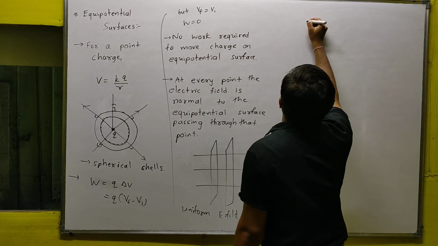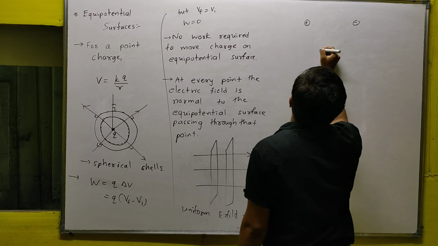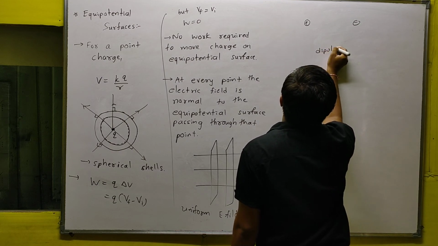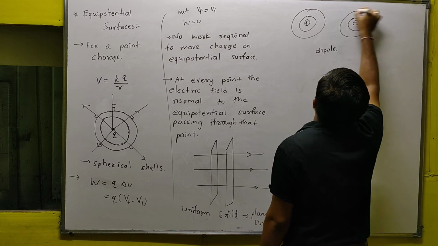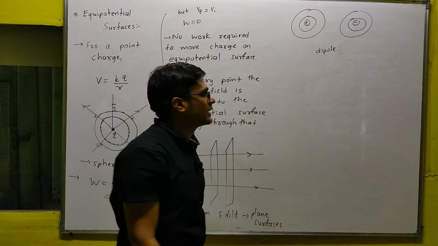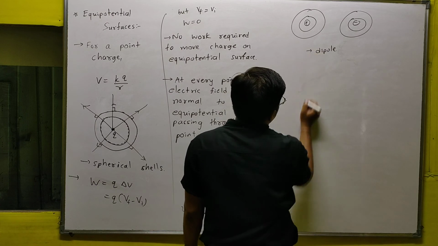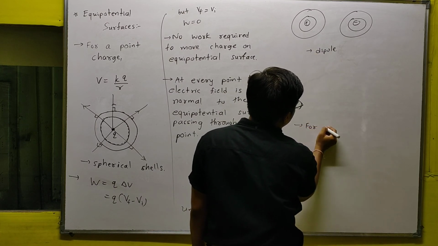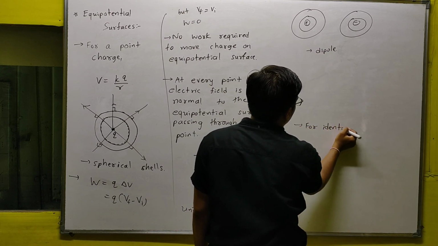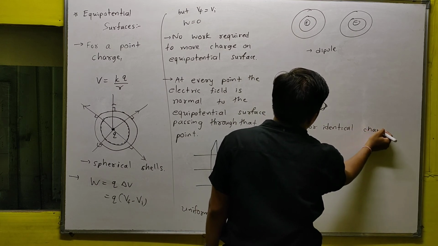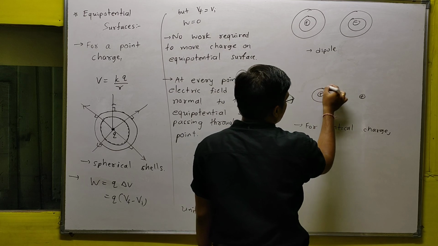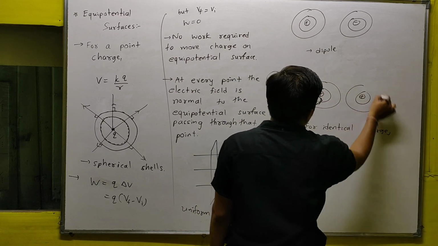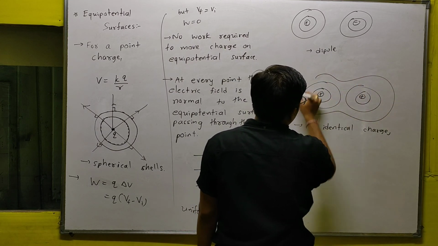And for a dipole, it looks like this type. This type of equipotential surfaces are there. And for identical charges, meaning there are two same charges, plus q, the equipotential surfaces look like this.